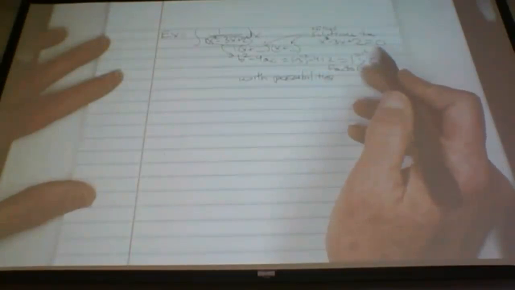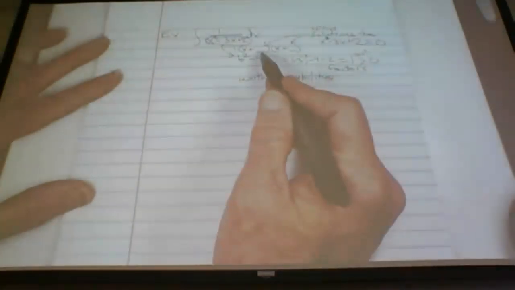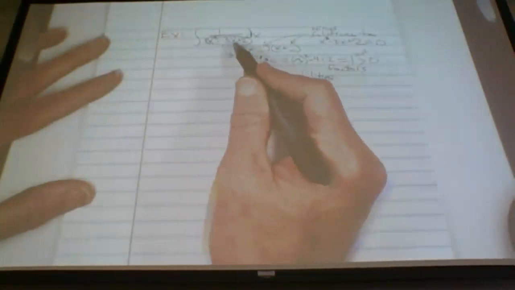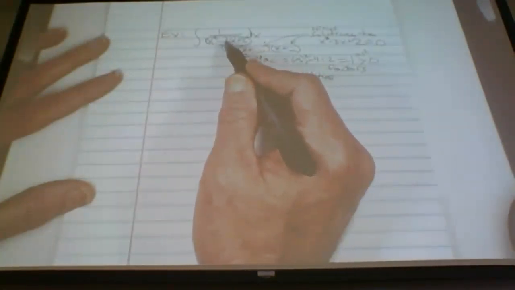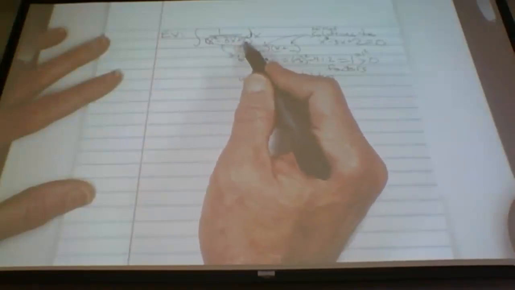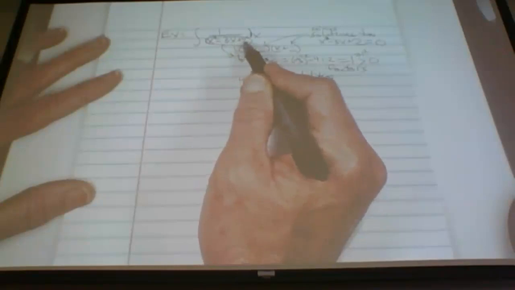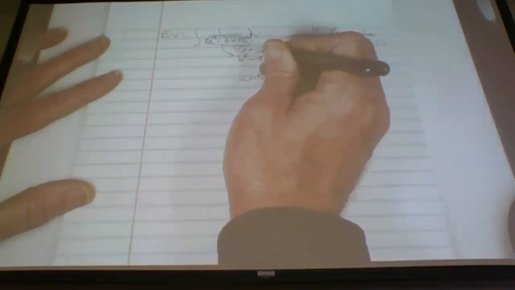Well, I can figure this out with the quadratic formula if I want, or I can guess what goes in the blanks. Since the lead coefficient is 1, their sum has to be minus 3 and their product has to be 2. So what numbers add to minus 3 and their product is 2? Oh, it's minus 2 and minus 1.